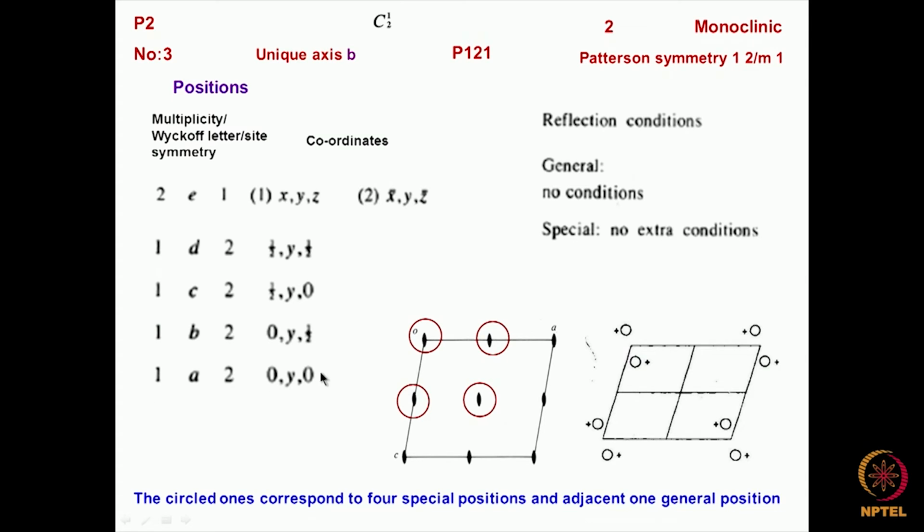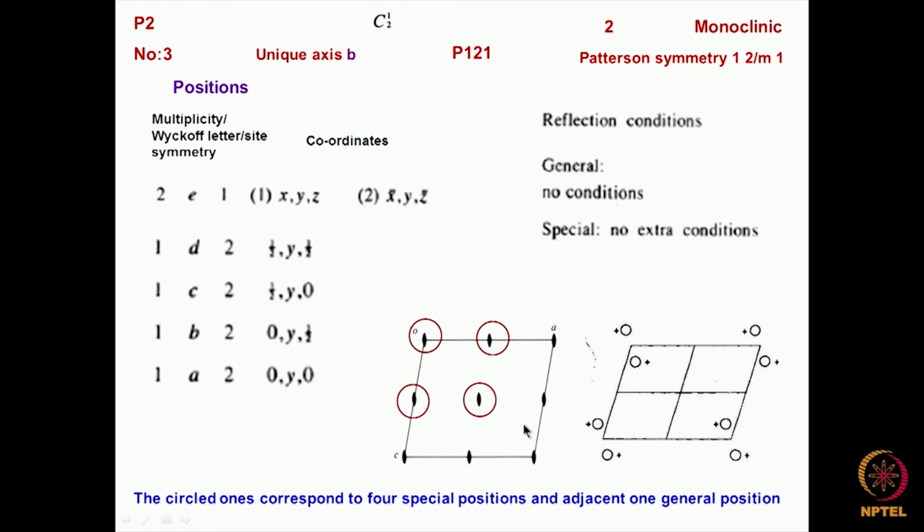One corresponds to 0 y 0, it is being placed on this axis, and another is 0 y half, okay, half position. This corresponds to here, and this one corresponds to half this position.